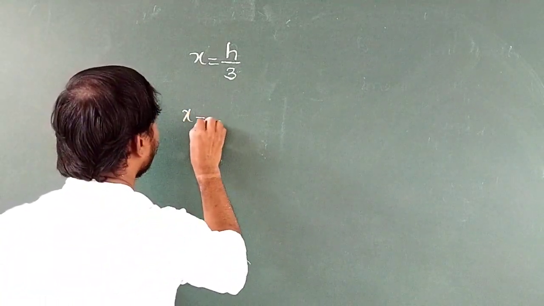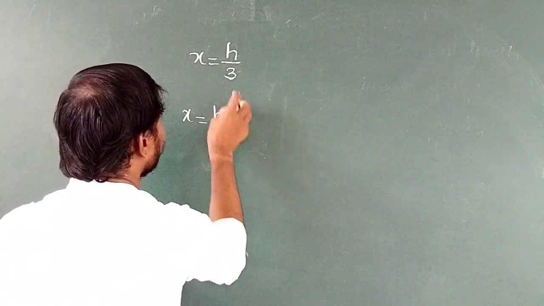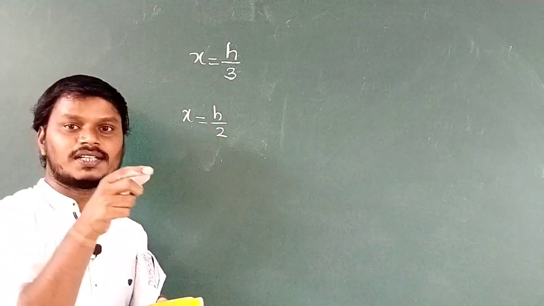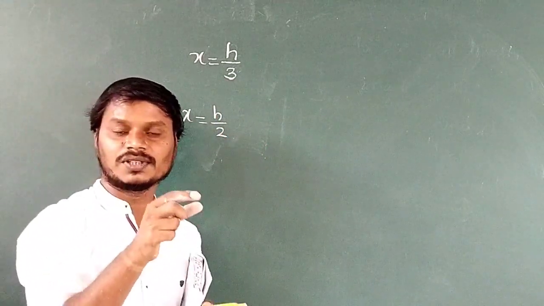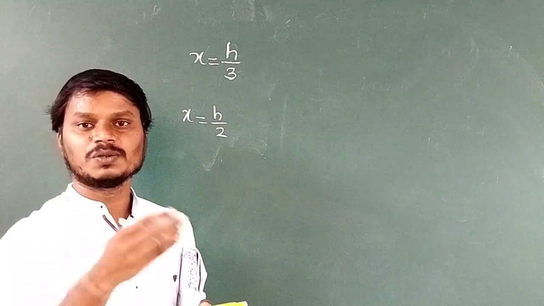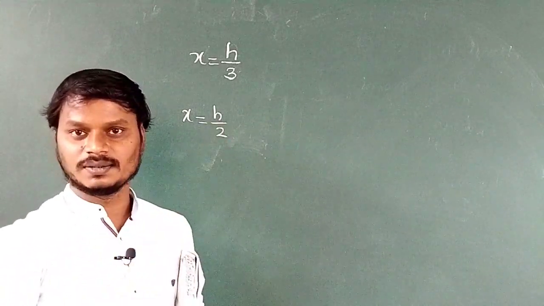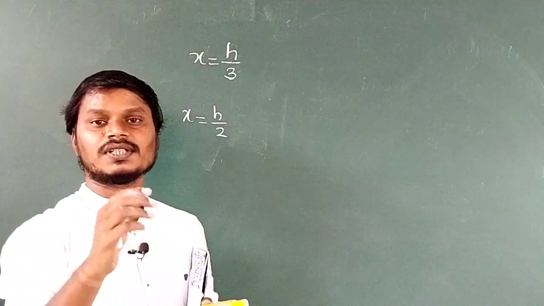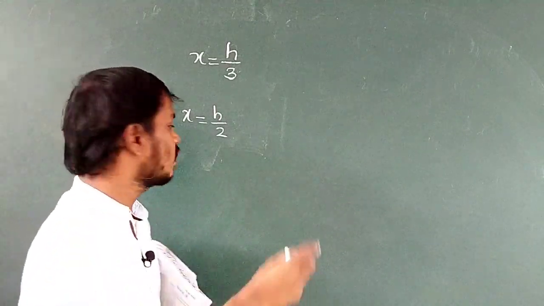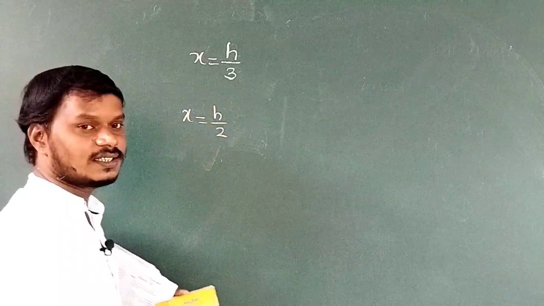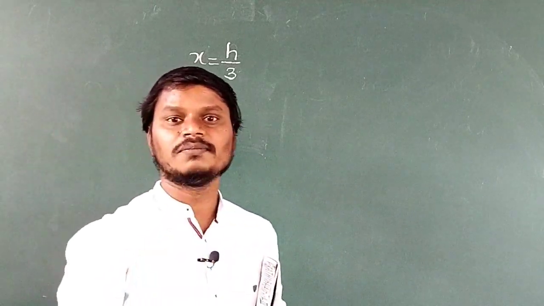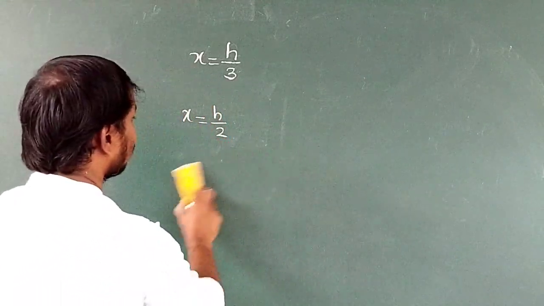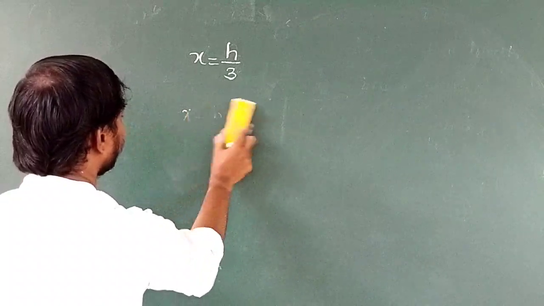That is x is equal to h by 2. So this is the formula used to find the minimum length of the plane mirror required to see the full length image of the wall behind the person. And the minimum length required to see the full length image of him is h by 2. What is h here? H is nothing but height of the man or height of the object. Now let us move to the question number 8.